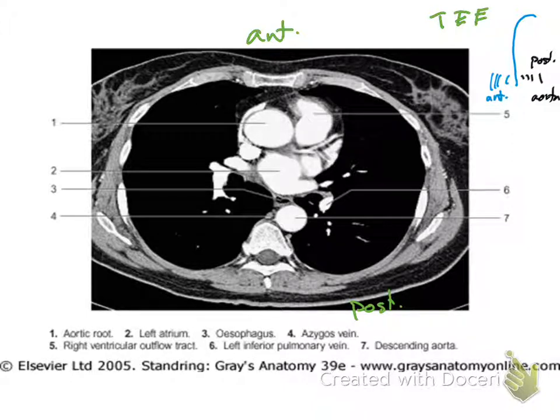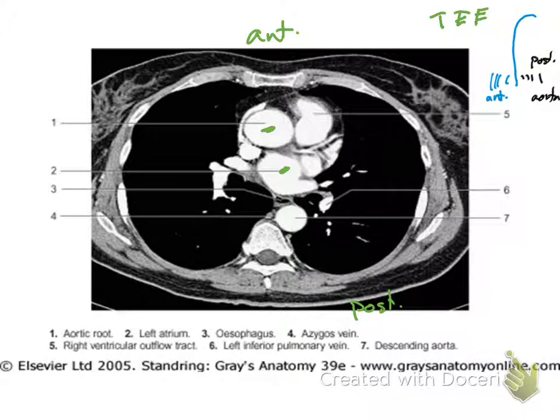Anteriorly we have here the aortic root, which is this one here. Then you have your left atrium. Do you see anteriorly your left atrium? Sorry, this is not the left atrium. No, this doesn't make sense to me. Yeah, your left atrium is this one here.